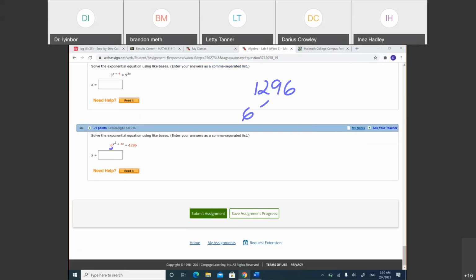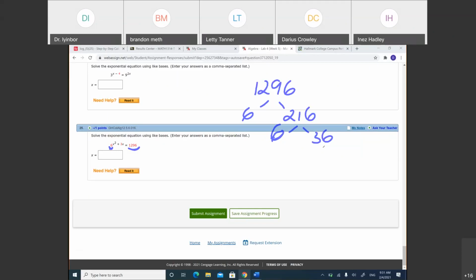So obviously this number is 6 with exponent, but let's see how many times you multiply 6. 1296 divided by 6 gives me 216. And then this 216 I'm going to divide by 6 again, which gives me 36.